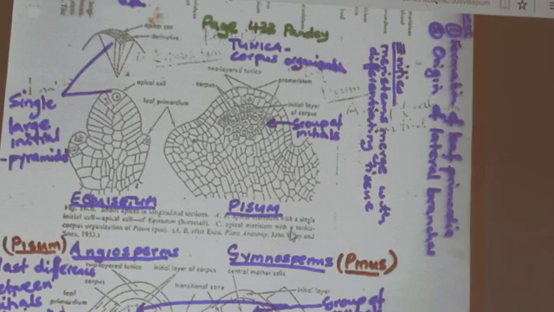There is a difference between gymnosperms and angiosperms in the way in which the apical meristem is arranged. We see this group, and then we see there is a cover here, and there is another layer here. But if we look at a gymnosperm, we only see one layer here, whereas here we can see two layers.